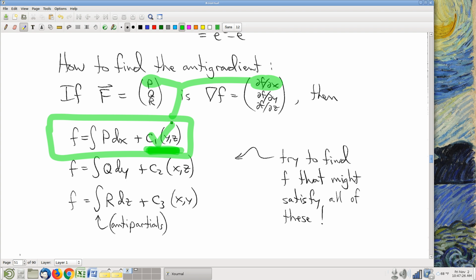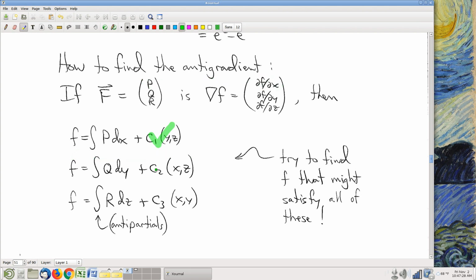It's anything whose partial with respect to x is 0. That's what's really going on here. This just needs to be something that will disappear when you take an x partial. And all that means is it can't have any x's in it. Right? So I'm going to call them constant functions, which sounds sort of contradictory, but you kind of get the idea, right? So these are constant functions of the other variables.